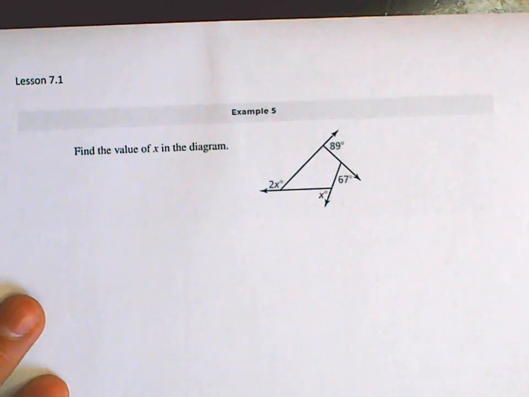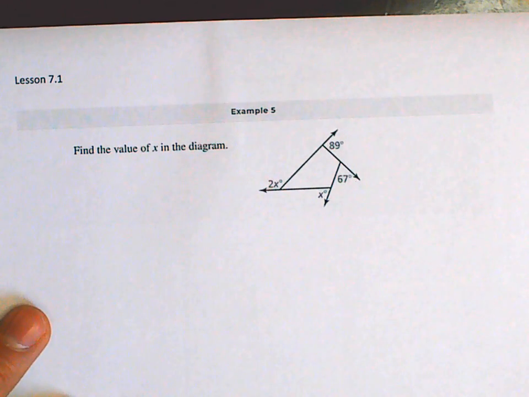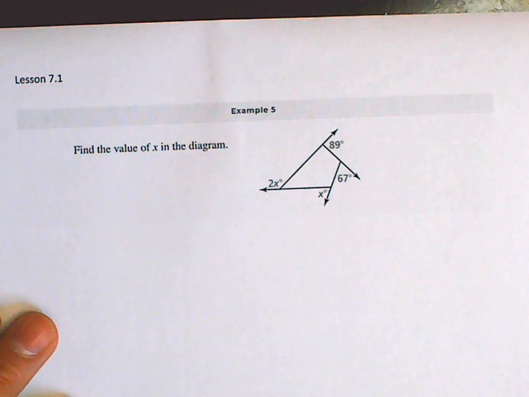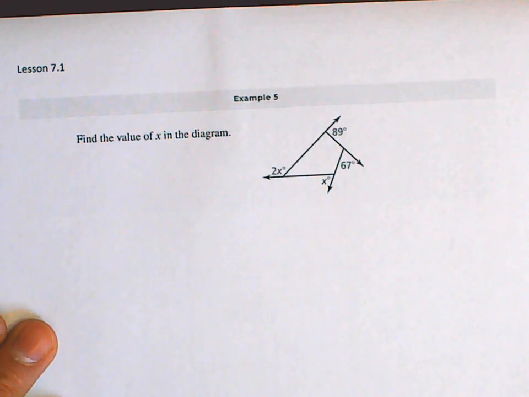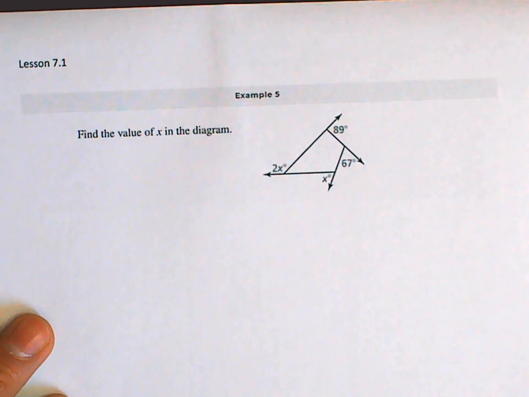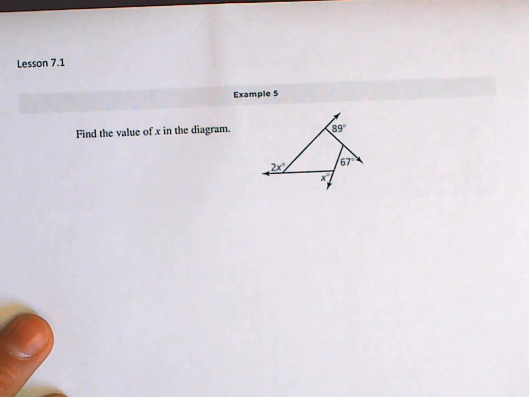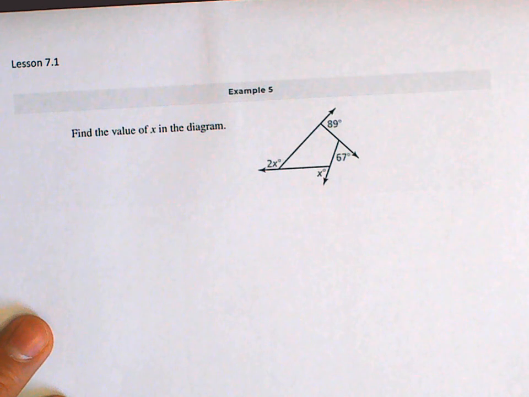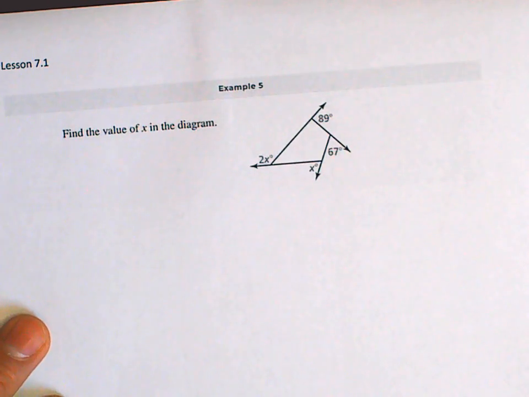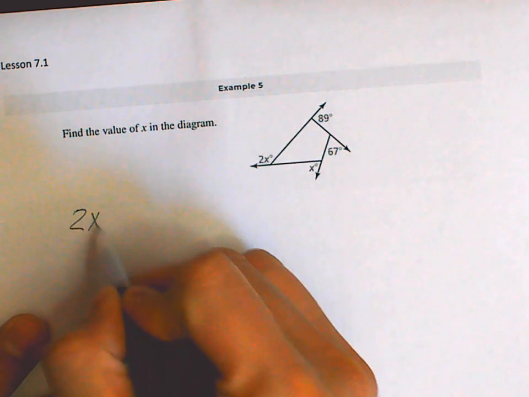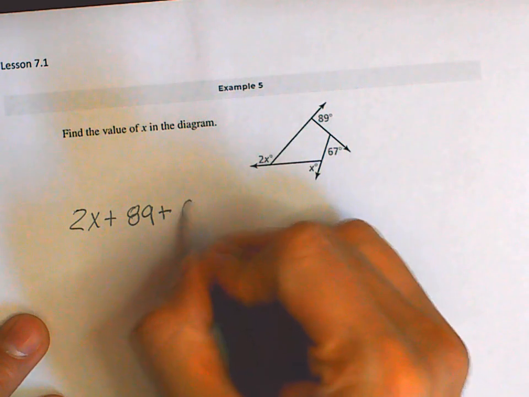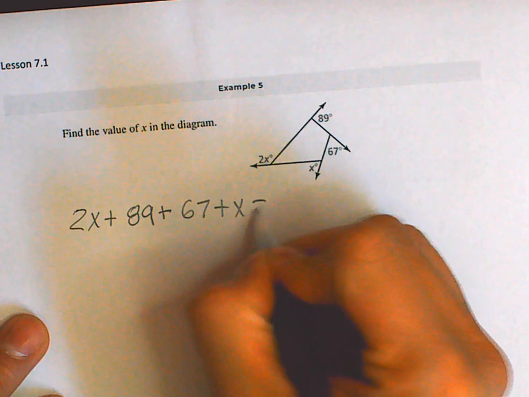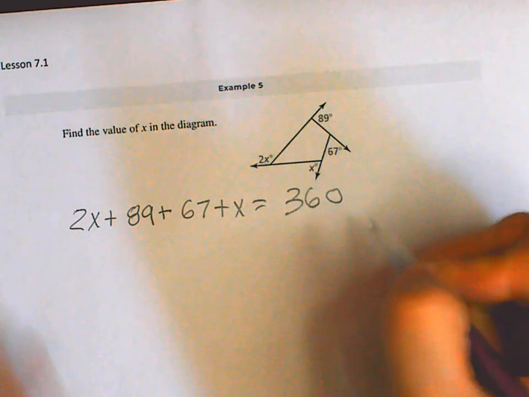Okay, so for example number 5, it says find the value of x in the diagram. Now, we have to remember the theorem that we just learned. The polygon exterior angle theorem states that the sum of the exterior angles, no matter how many sides it has, is going to be 360. So 2x plus 89 plus 67 plus x equals 360.